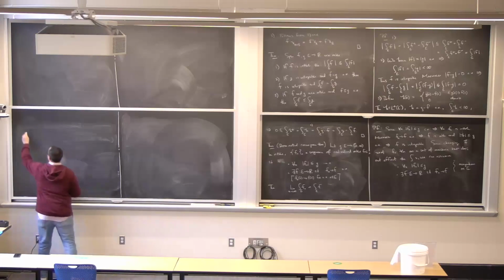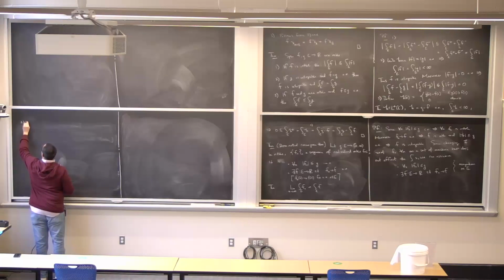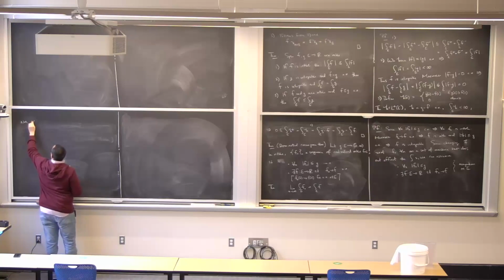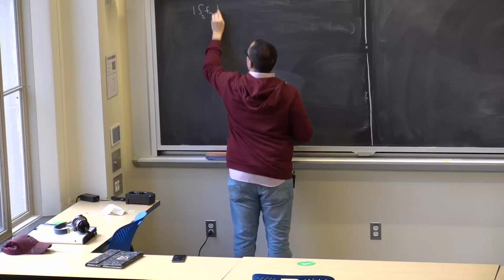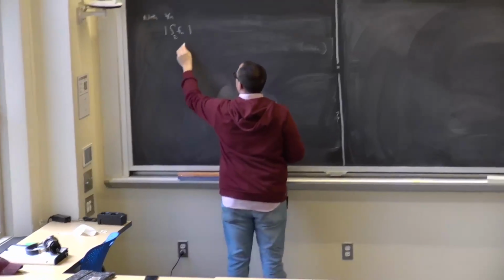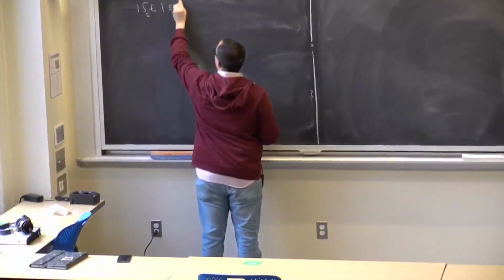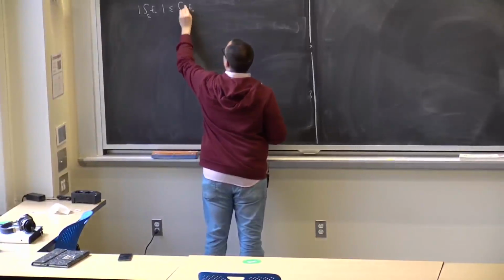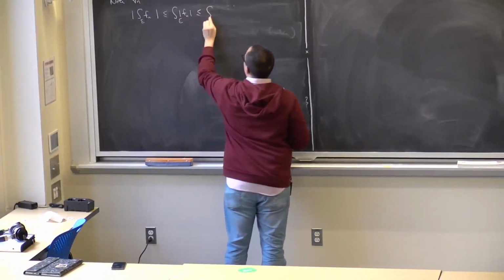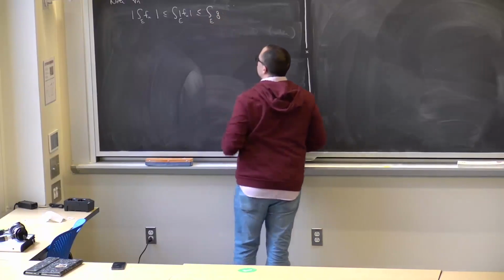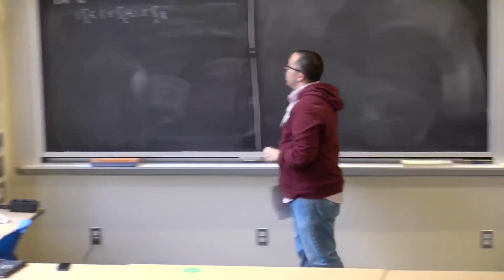So note, for all n, the absolute value of the integral of f sub n is less than or equal to the integral of the absolute value, which is less than or equal to the integral of G, right?